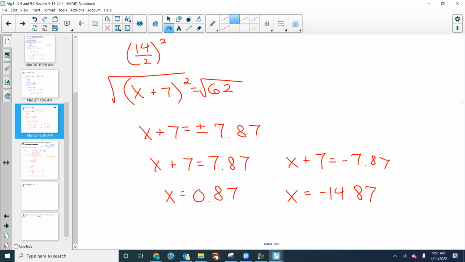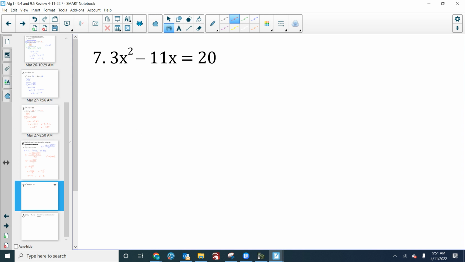Did you get those two answers for that completing the square problem? I think on the front side. Yep. Was this the next one? Yeah. What did you have to be careful of on this one, Zach? The 3x.